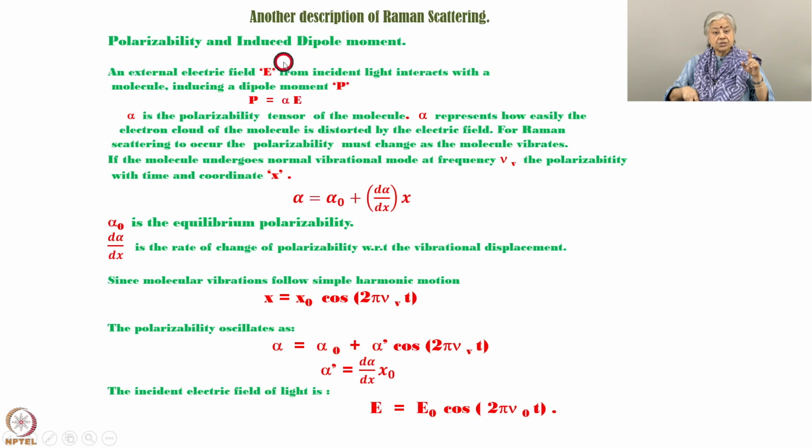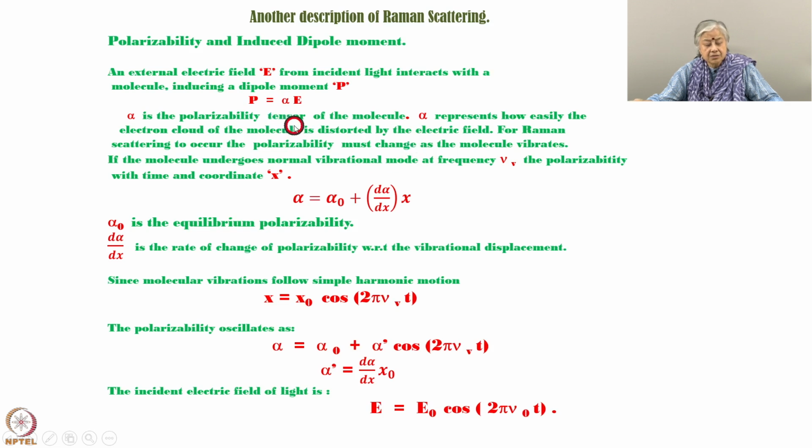So, it is proportional to E, and alpha is the polarizability. It is a tensor, so it is different in different directions in that material. Whatever the material may be, a gas, a liquid, or an actual solid crystal.